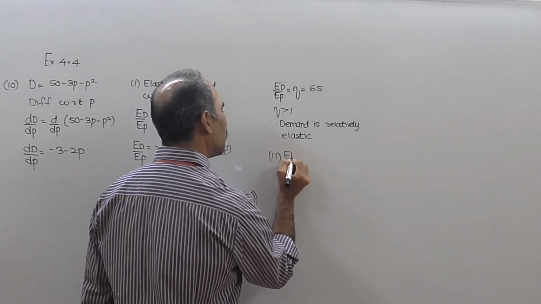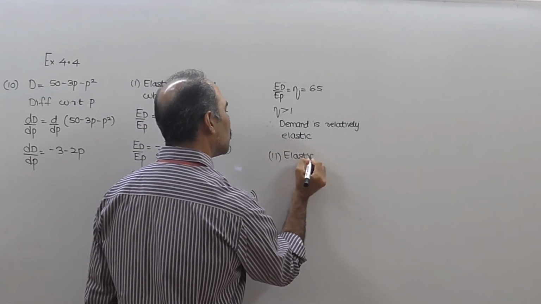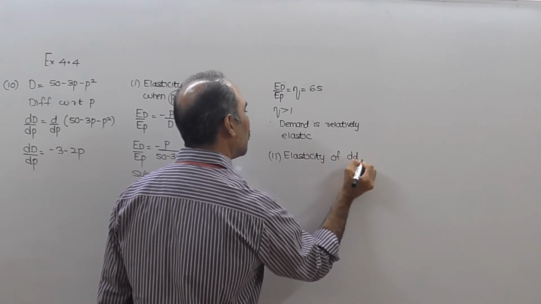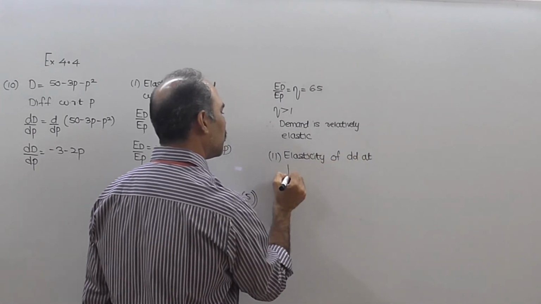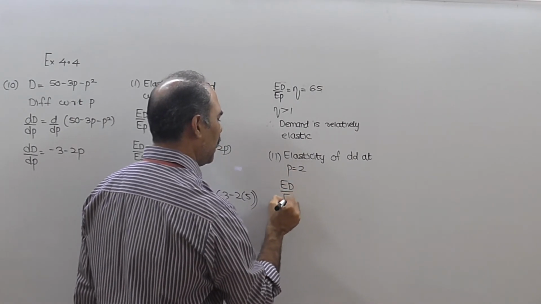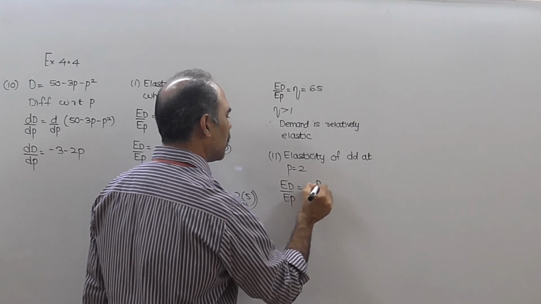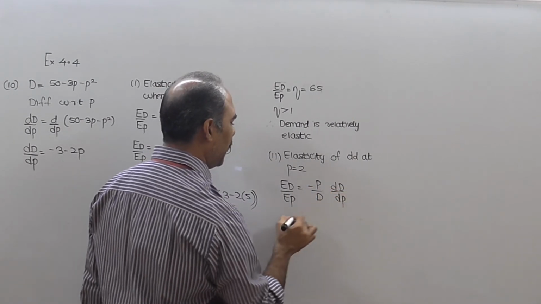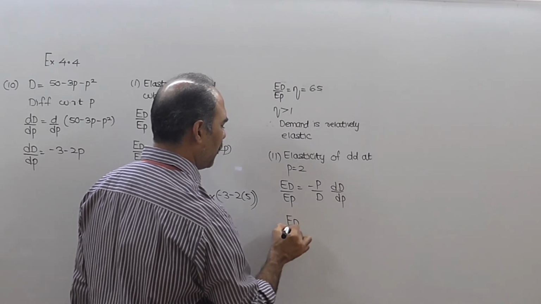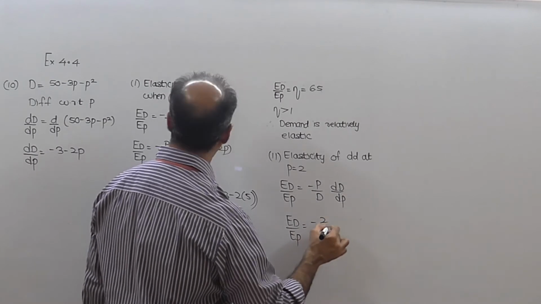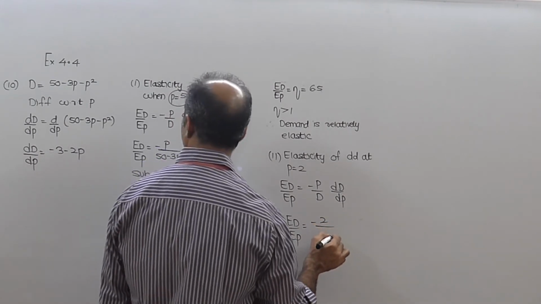So I have to find elasticity of demand at P equal to 2. So my ED upon EP is minus P upon D followed by DD upon DP. So I will have ED upon EP, minus 2 upon, what is D?